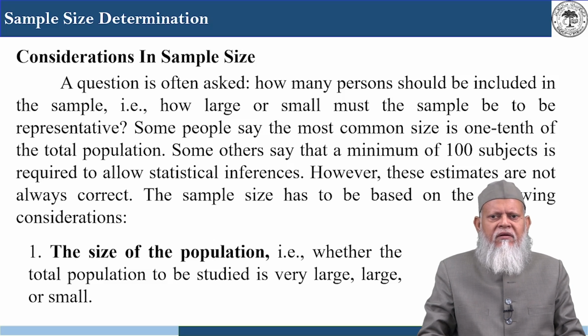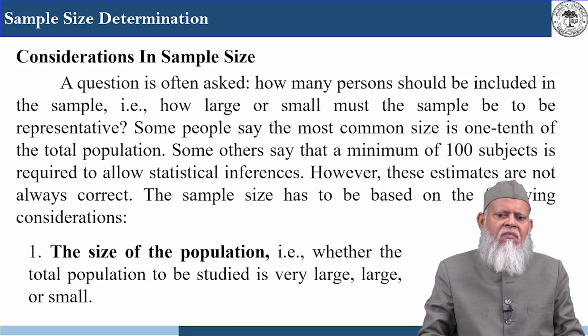So various people have recommended various sizes, and there are various formulas also to determine the size of the sample. What should be the size of the sample so that it truly represents the population in all its characteristics?